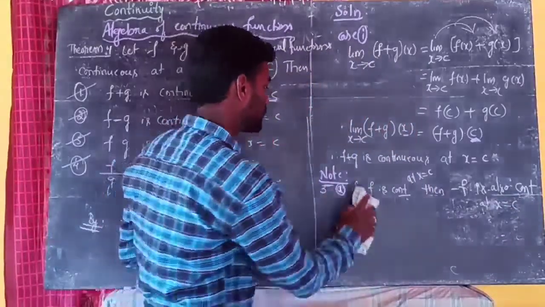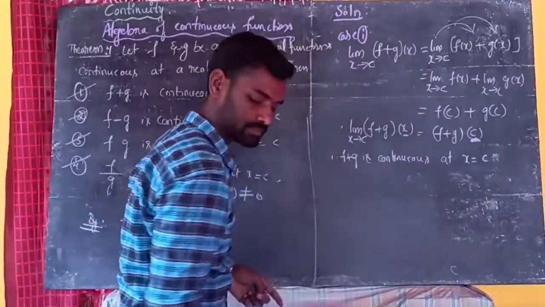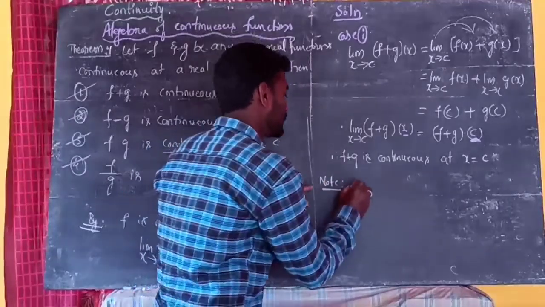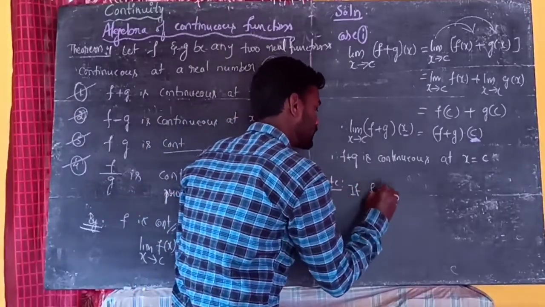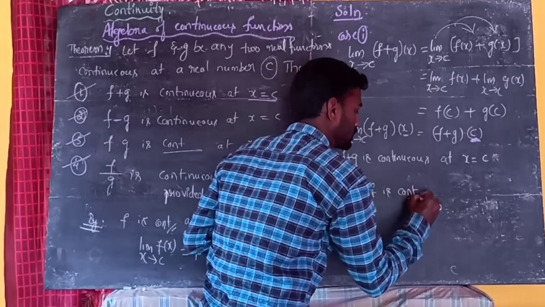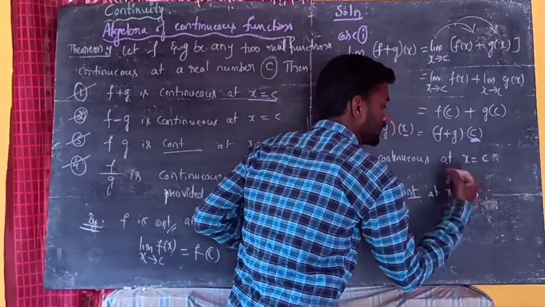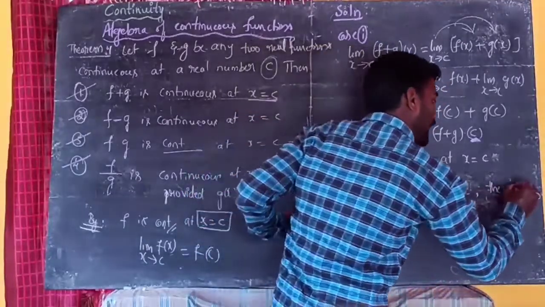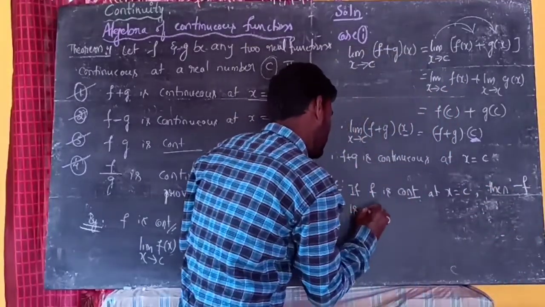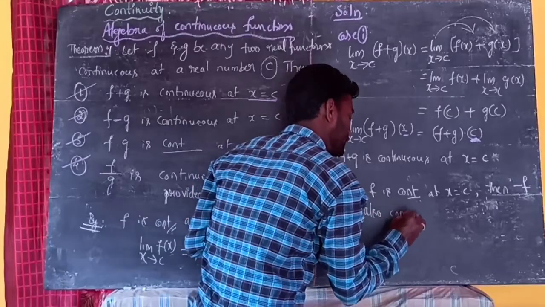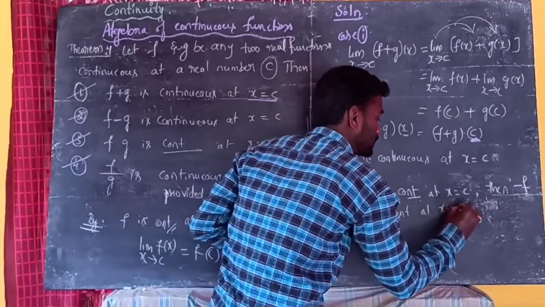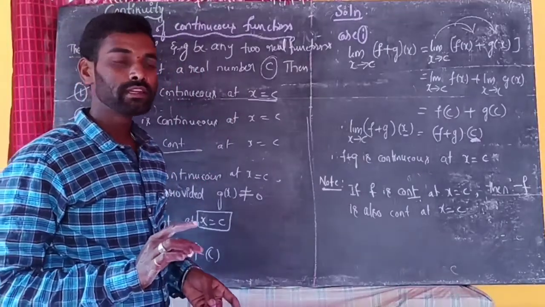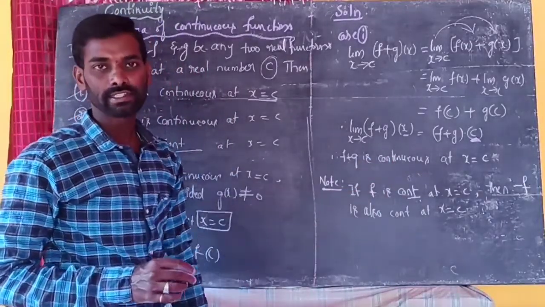If it is not clear, observe. If f is continuous at x equal to c, then minus f, the negative of f, is also continuous at x equal to c.